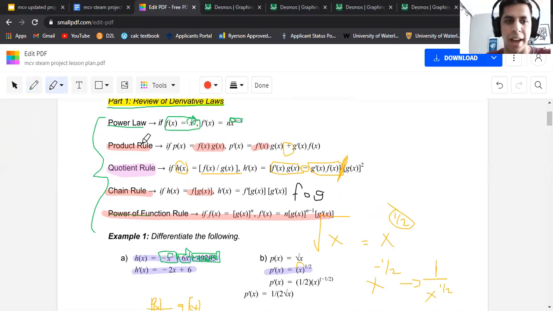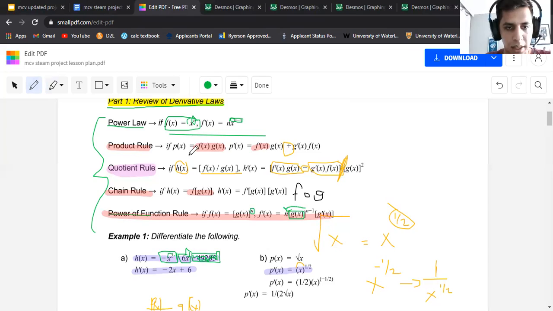That's the way I view it in my head when I'm studying. So we're taking any function that's raised to the nth exponent, and what we're doing is we're bringing it in front, subtracting one just like we're doing power law, and then we're multiplying by the inside, whatever's in g of x prime. So the derivative of whatever's inside.